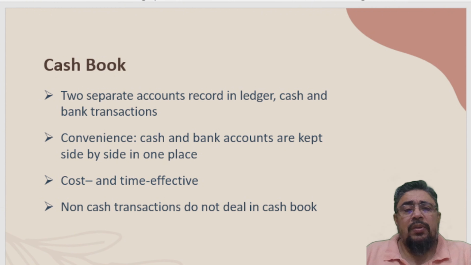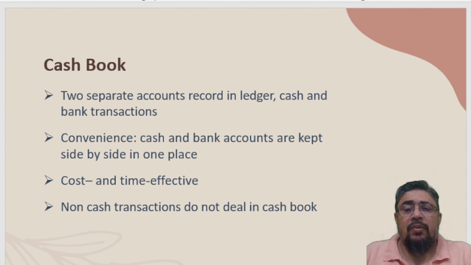Cash book. Rather than two separate cash and bank accounts, a double column cash book enables accountants to maintain the two accounts side by side. This allows for greater convenience when recording transactions.